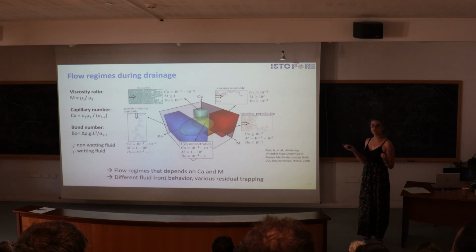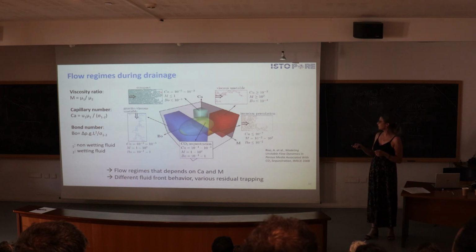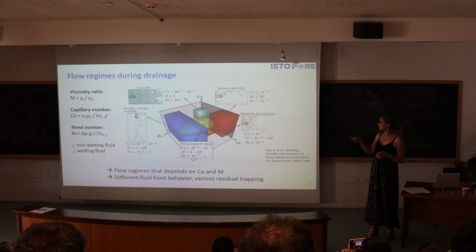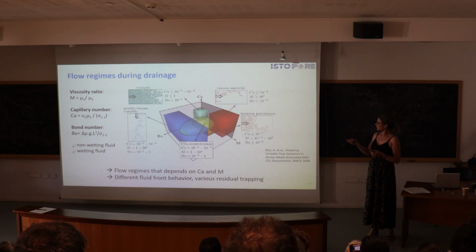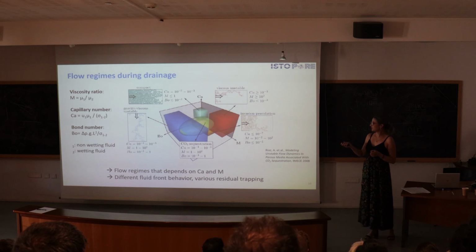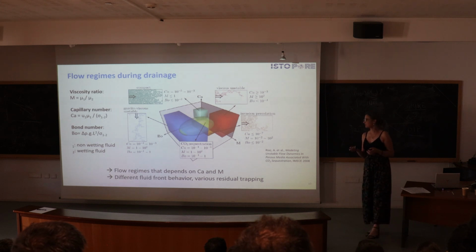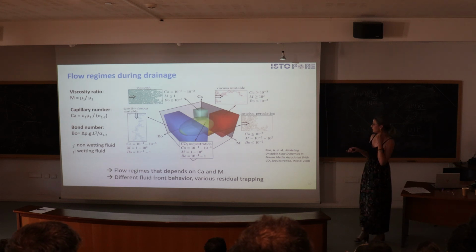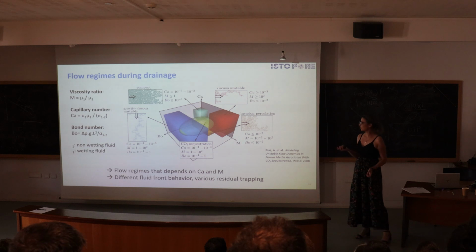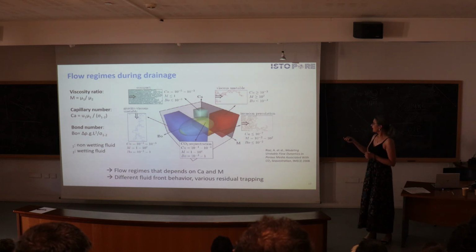Again, as you have seen this morning, when one fluid invades a porous medium that was initially saturated with another fluid, you will have different flow regimes that depend mainly on different dimensionless numbers. Mainly the viscosity ratio, the ratio between the viscosities of your fluids; the capillary number, which is the ratio of the viscosity over the surface tension; and also the Bond number, which takes into account gravity.